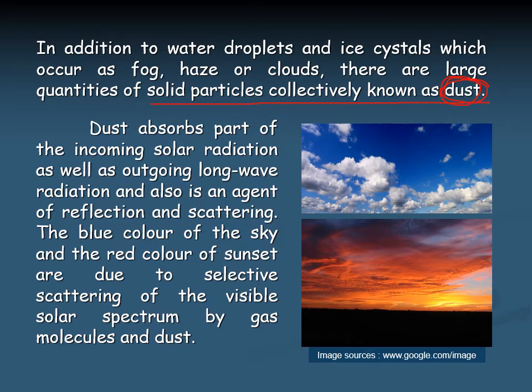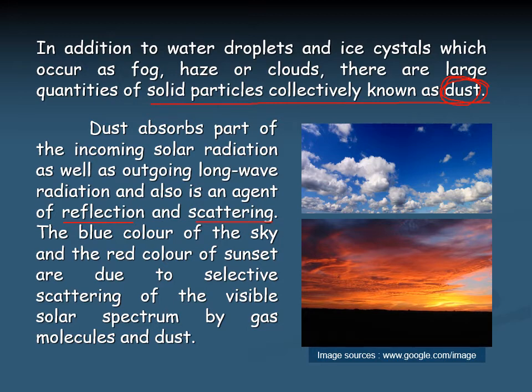Because of the dust particles present in the atmosphere, the clouds are formed, and these dust particles absorb part of the incoming solar radiation, and that radiation they reflect or scatter in different directions. Because of this reflection or scattering of incoming solar radiation, the Earth's sky looks different in color.